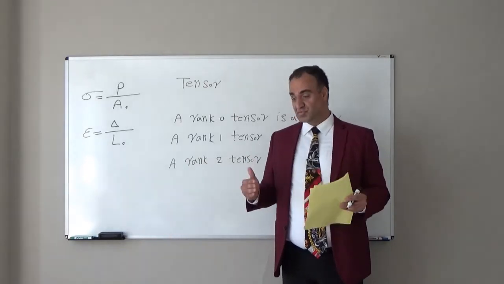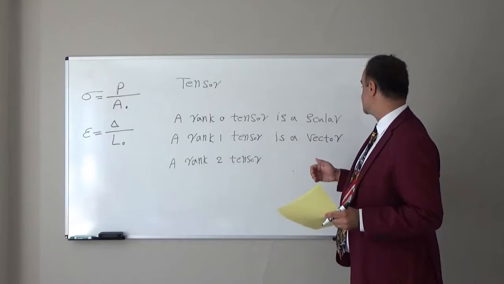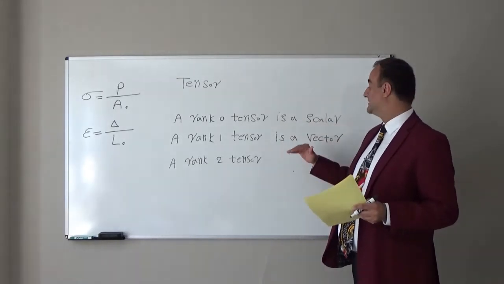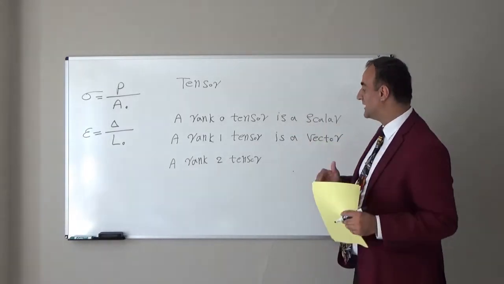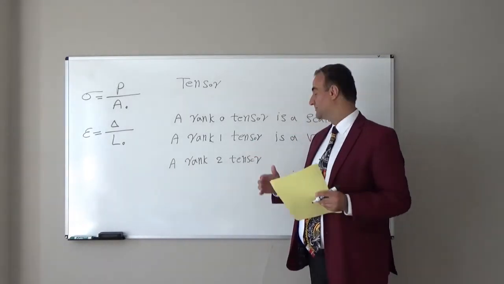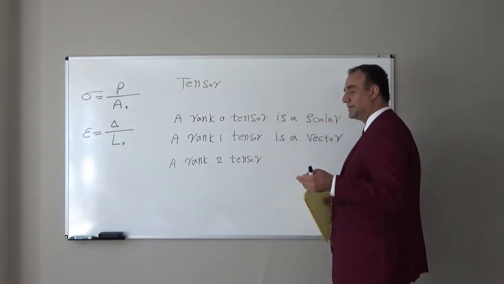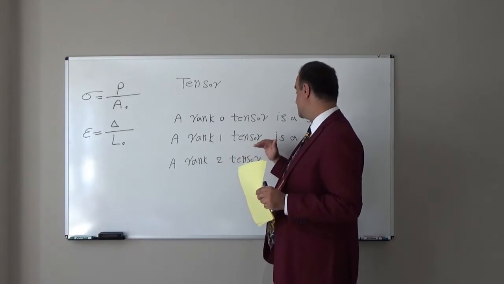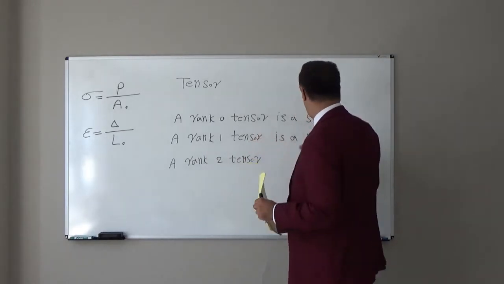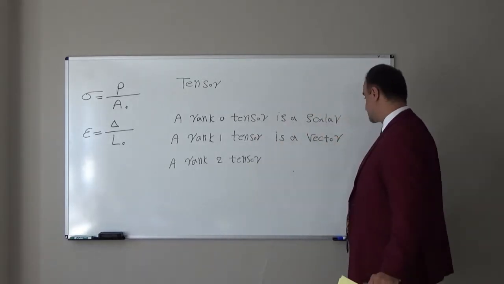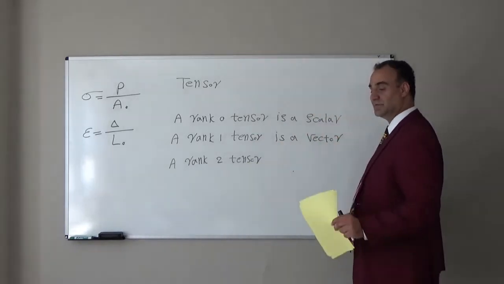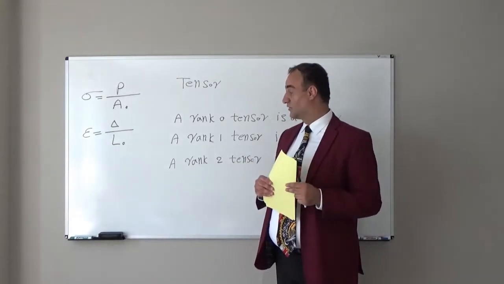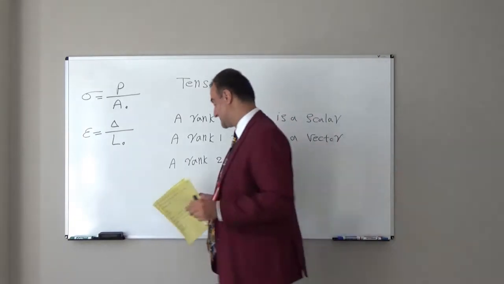So for now, you should know that pressure is a scalar or rank 0 tensor, but stress, even though it is not a vector, is one degree higher, a rank 2 tensor, or they call it a second rank tensor. Later on we will talk about what a tensor is, what a vector is, what a scalar is, why we call scalar a rank 0 tensor, or vector rank 1, or why we call stress a rank 2 tensor. Later on I will explain all this, but for now you know what the difference is.